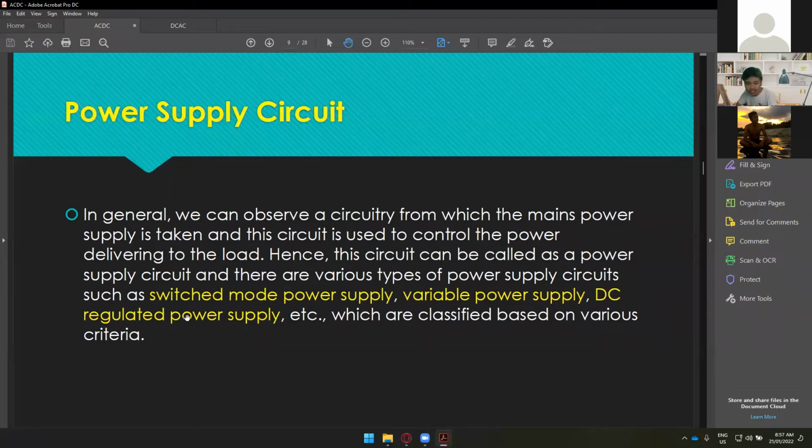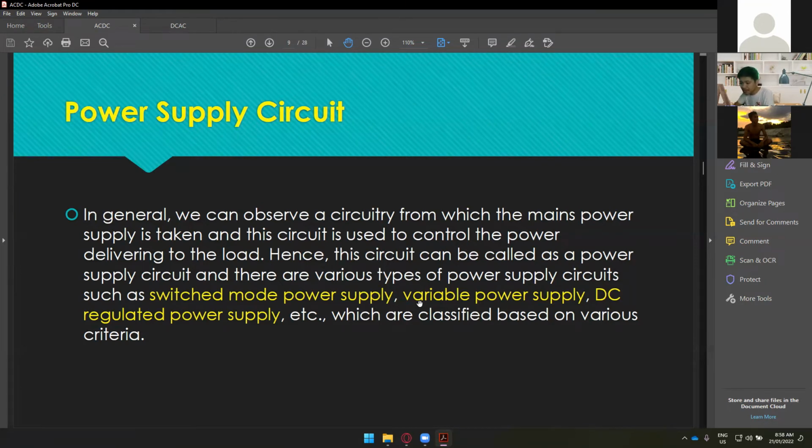One setting is for 5 volts, and another one is for 10 volts, depending on the preset that's being set on that switch mode. So, 3 types of power supply circuit. I should have changed this one into types of power supply. Those are the different classifications of the power supply.